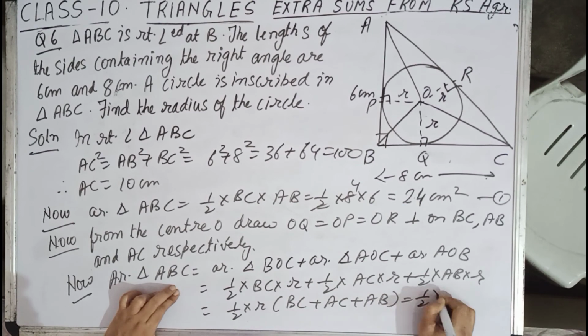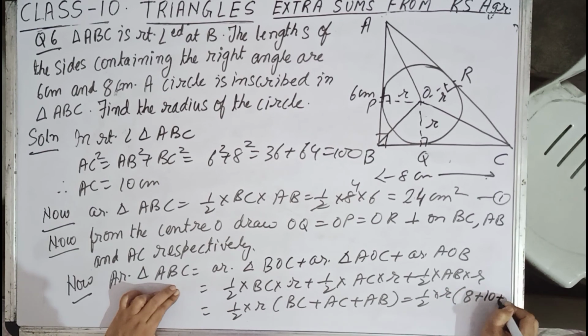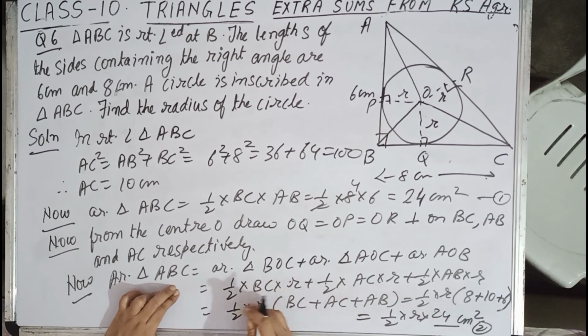Now BC value is 8, AC value is 10 and AB value is 6. So we are getting half into R into 24 centimeter square. Now make it equation number 2. So this one and this one are equal.